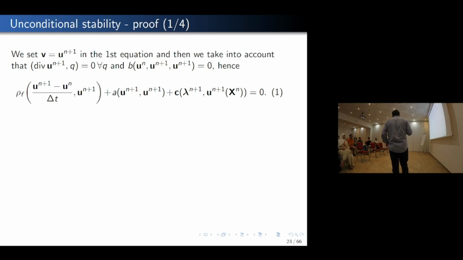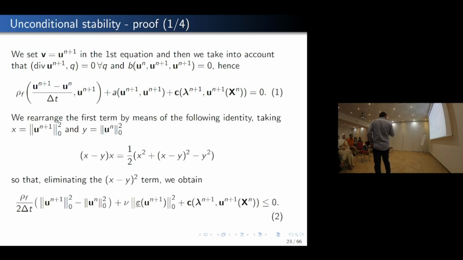So rho f((u_{n+1} - u_n)/delta t, u_{n+1}) plus a(u_{n+1}, u_{n+1}) plus c(lambda_{n+1}, u_{n+1}, x_n) equal to 0. If we rearrange the first term by means of this identity, basically using x to be the norm of u_{n+1} squared and y the norm of u_n squared, and eliminating the term corresponding to this object, we obtain this inequality.